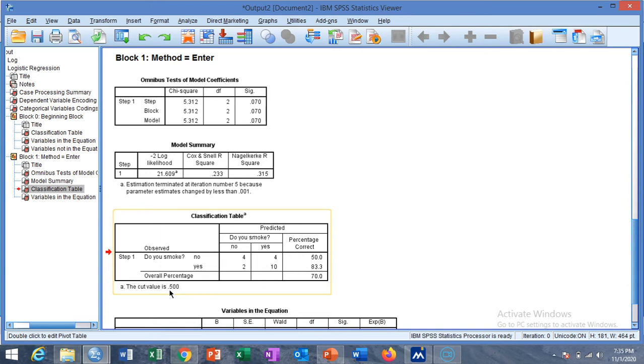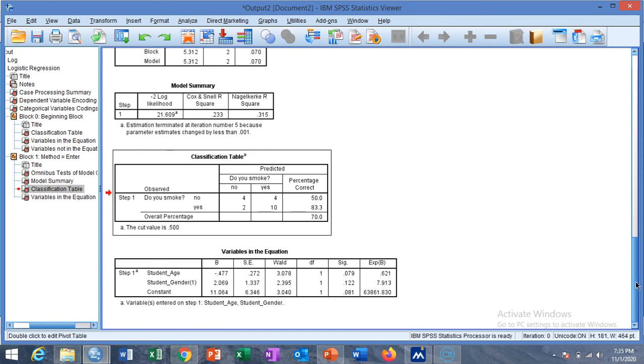Means the people smoke: cases with a probability of smoking of 0.5 or greater are predicted as smokers, and the remaining cases with less than 0.5 probability are considered as no.